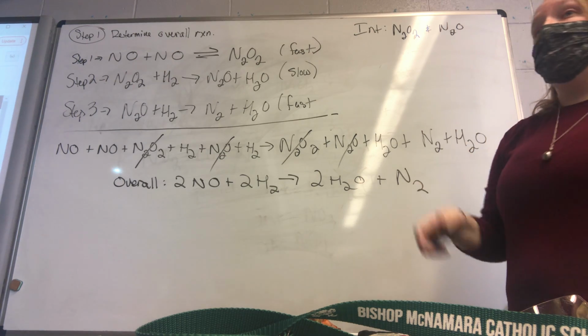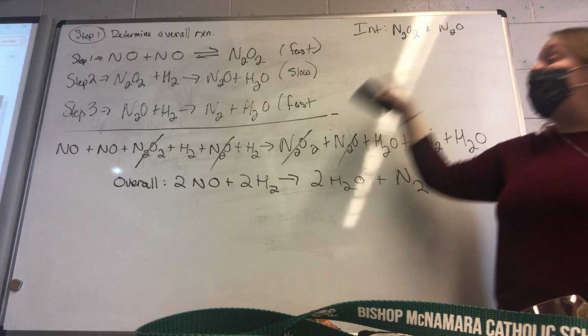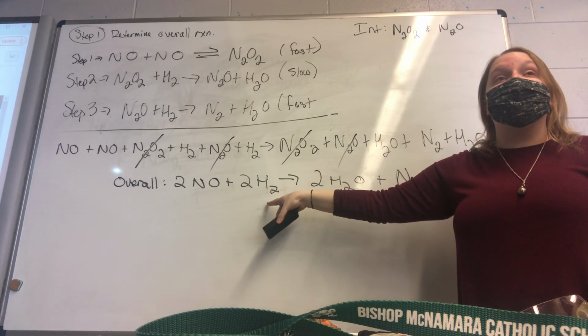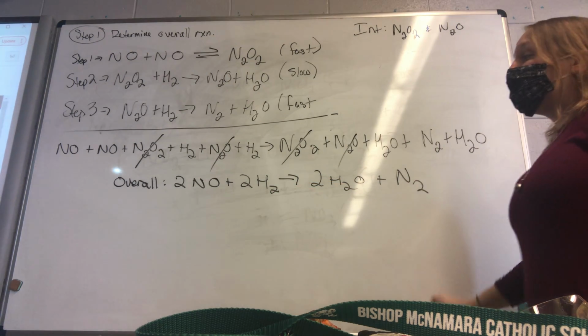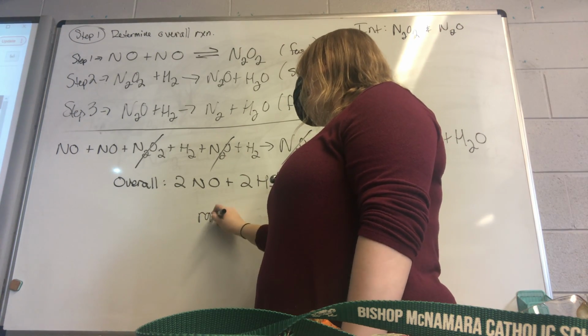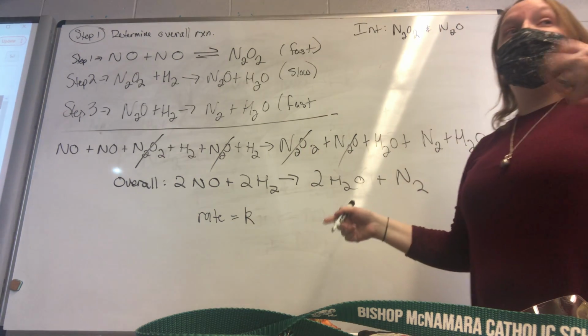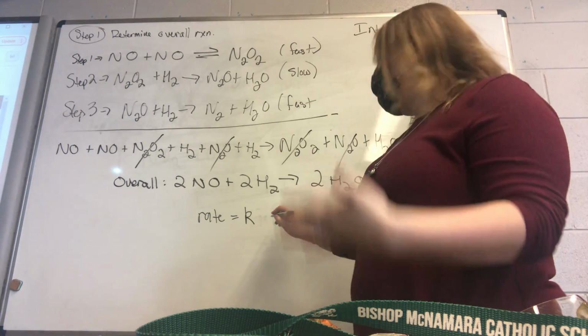Good? All right, let's do the hard part. We got the intermediates. We got the overall reaction. You've got it written down, right? If you had to guess what the rate law was from just the overall reaction, what would you predict based on what we talked about?